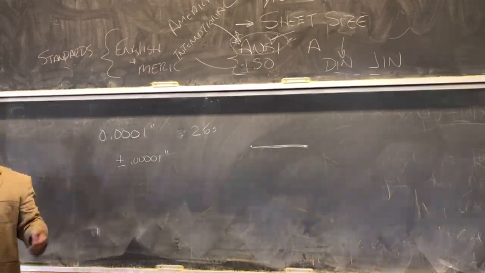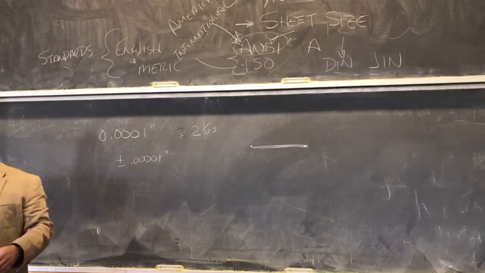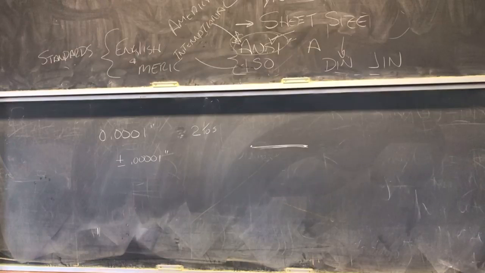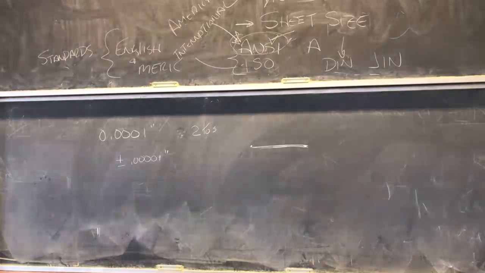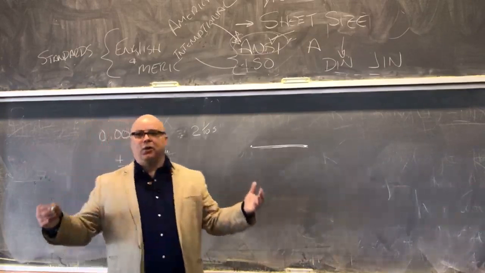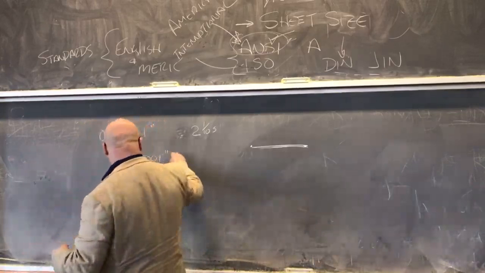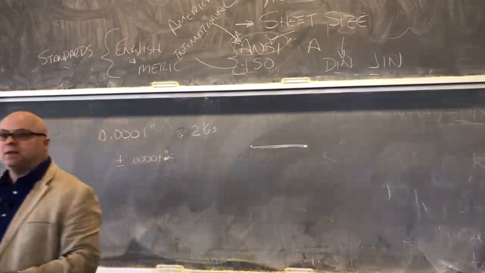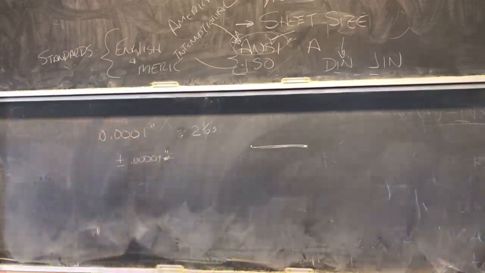But you wouldn't know in advance that it was going to be a good part. What would you have to do in order to know in advance that you're going to have a good part? You would have to buy a machine tool that has a precision better than this, right? Has a repeatability better than that.